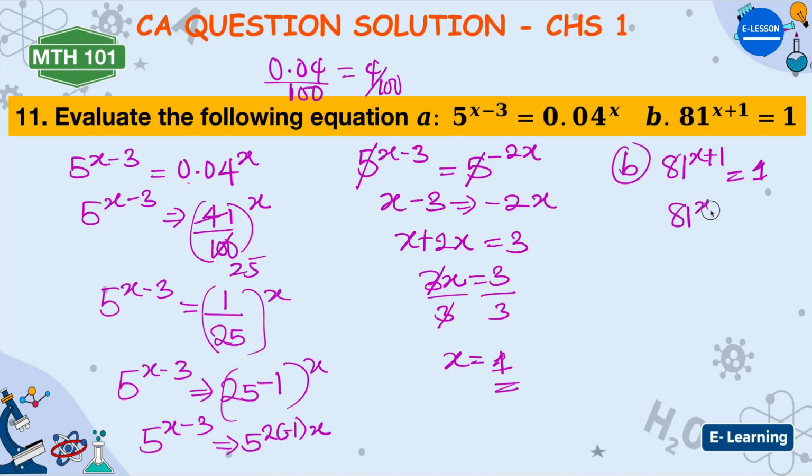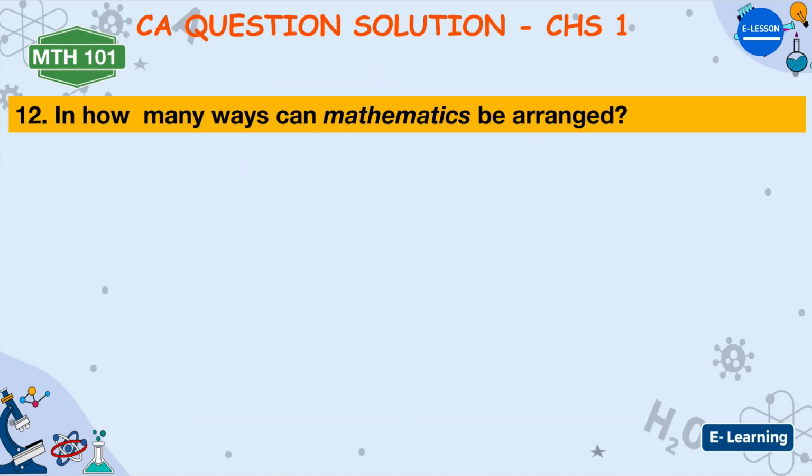So x plus 1 equals 0, and x equals minus 1. So for this particular one, our x is minus 1. It's a very simple question. Now, in how many ways can the word mathematics be arranged? Now we have mathematics.